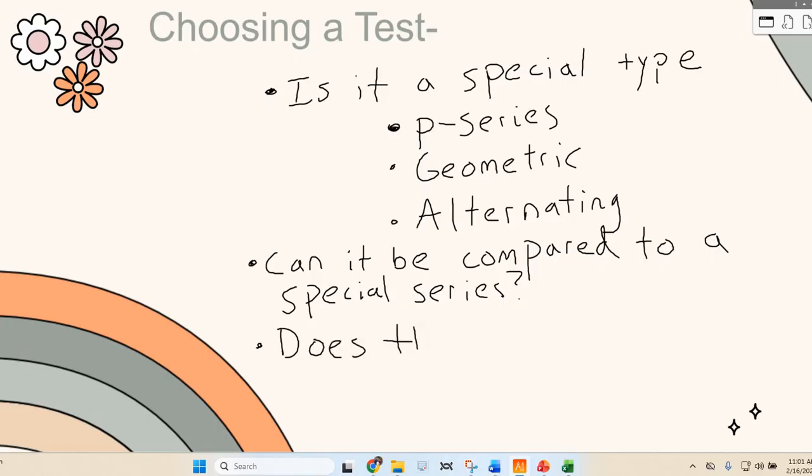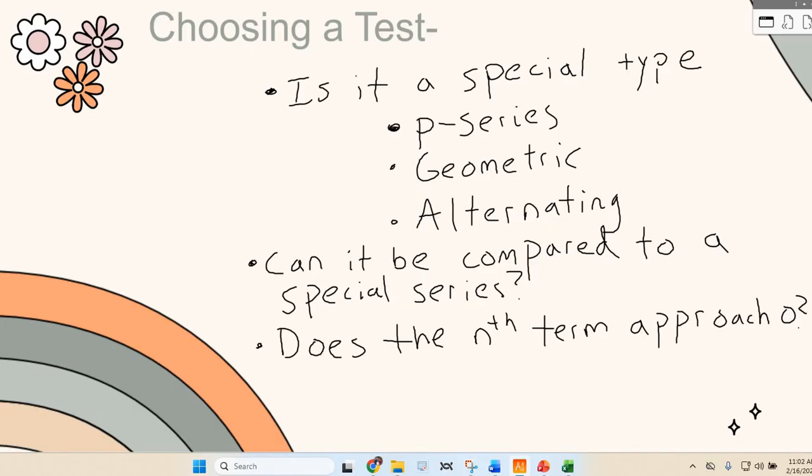You can also think about, does the nth term approach 0? So what happens if my limit as n goes to infinity does not approach 0? It diverges, right?